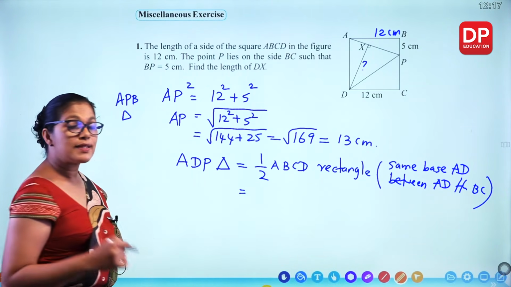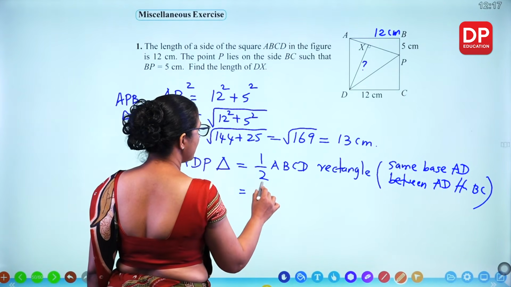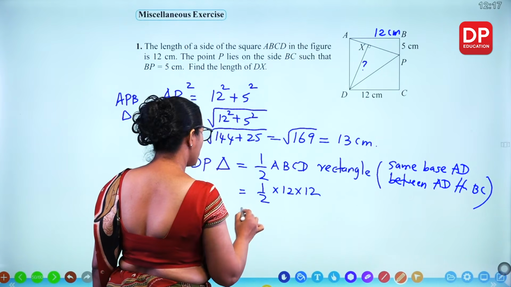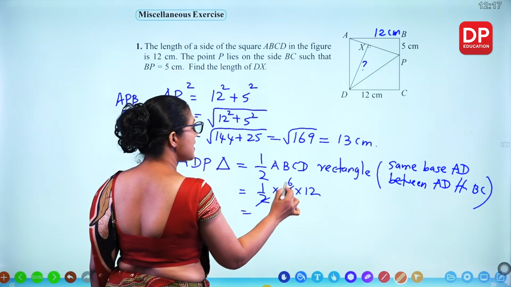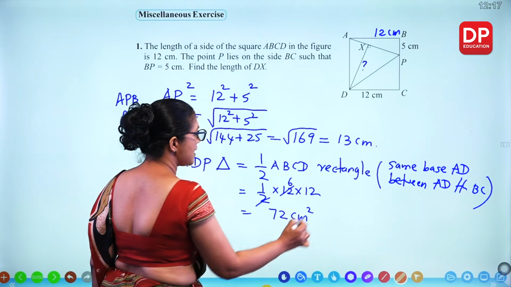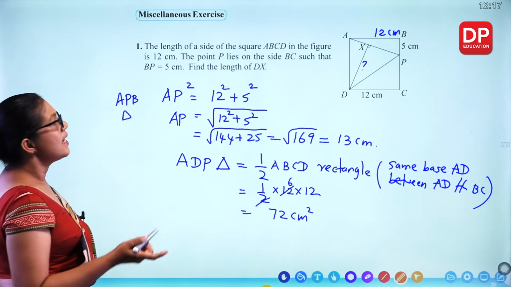But we know what's the area of the square? 12 times 12. So what's the answer? 2 times 6, 6 times 12. 72 square centimeters for the area of ADP.